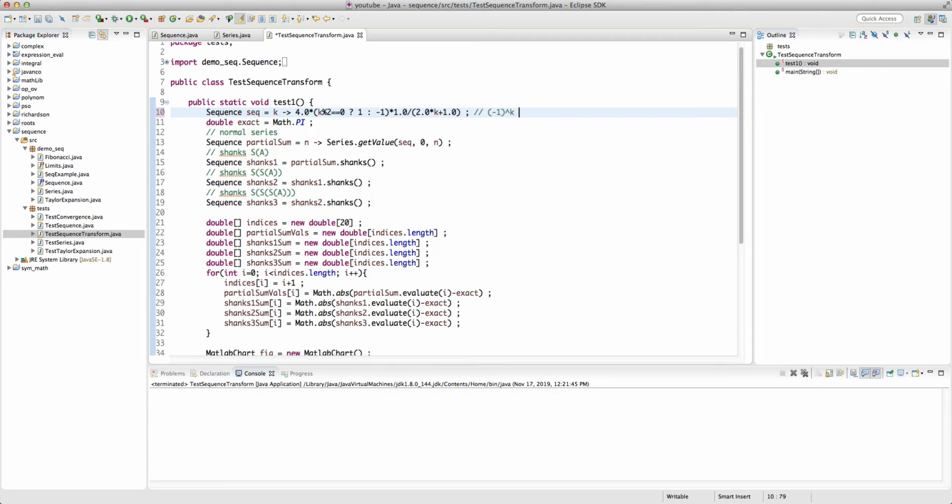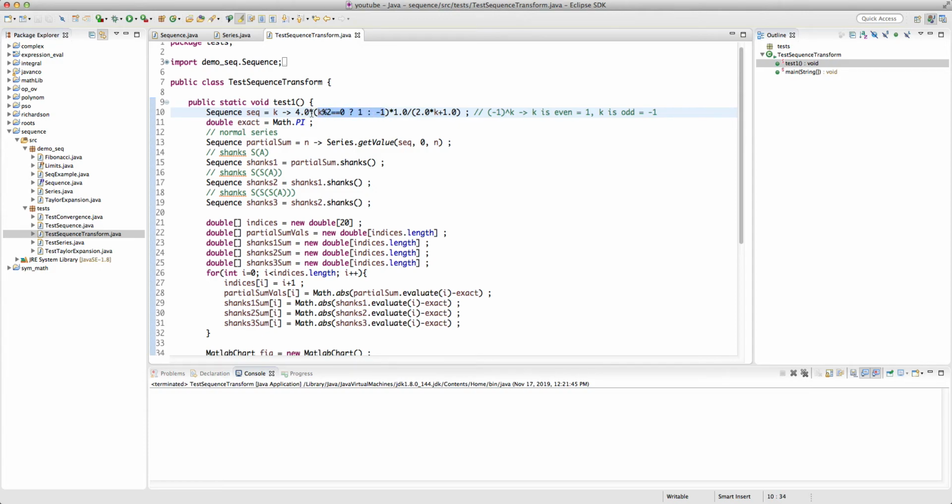So minus 1 to the k is equivalent to saying that if k is even, this becomes 1. If k is odd, then this becomes minus 1, right? So I have these ternary operations. I calculate the k mod 2, compare it with 0. If it's 0, k is even, so I return 1, and if k is odd, I return minus 1.